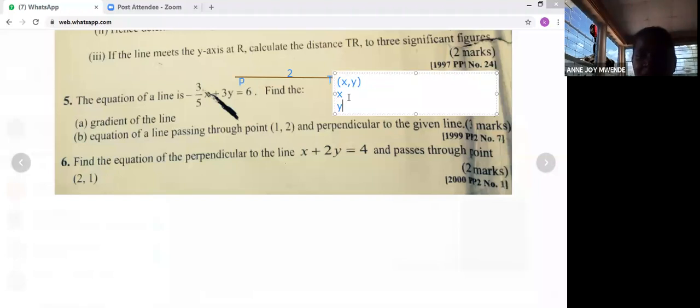Then you say minus, with the minus in the middle, not below. You close (x, y) in bracket, then minus (1, negative 2), and close that in brackets.